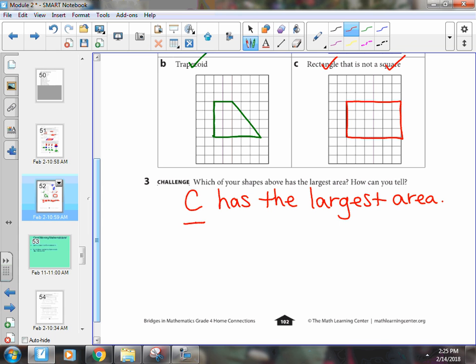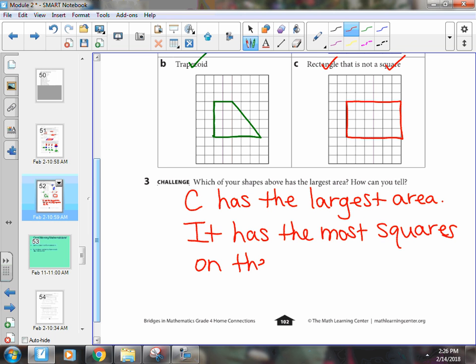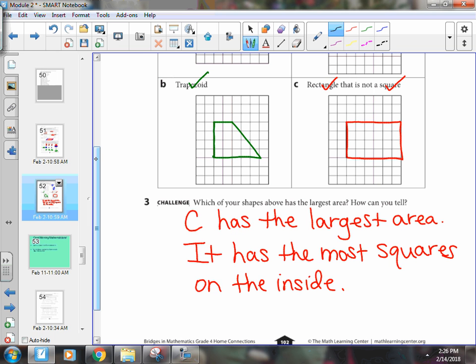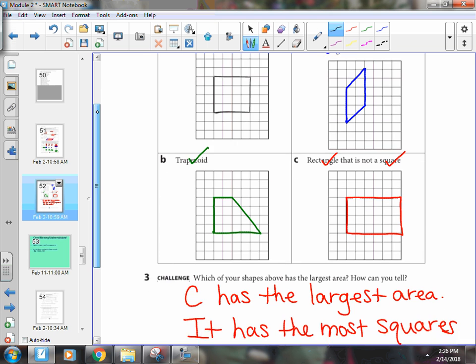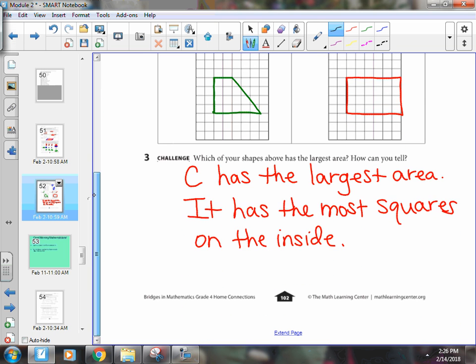It has the most squares on the inside. In fact, you can even figure it out by counting the squares. But I can tell with mine, at least the pictures I drew, C is obviously the largest area.